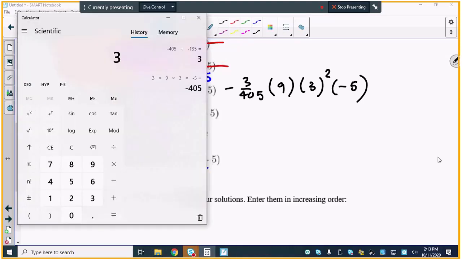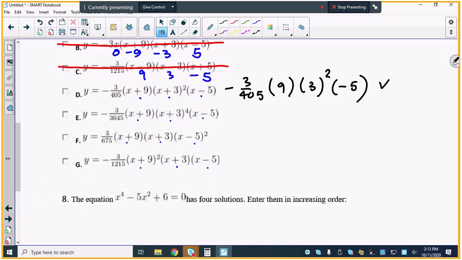Again, I'm using my calculator and I'm doing the top. So 3 times 9 times 3 times 3, that's the 3 squared, times 5, which is negative. That's the top, and I divide by 405, but do not forget the minus in front. I'm just using it in the bottom. It's still 3. So that's good.